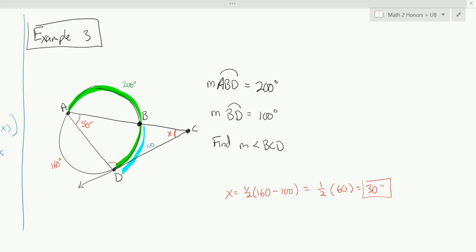Because this is an angle on the circle, and you have formulas for angles on the circle. It's half of the measure of the arc that it intercepts. What is it? 100. Because the arc it intercepts is the green arc, 200. So that's 100. So 50, 100, which gives us 30 again.